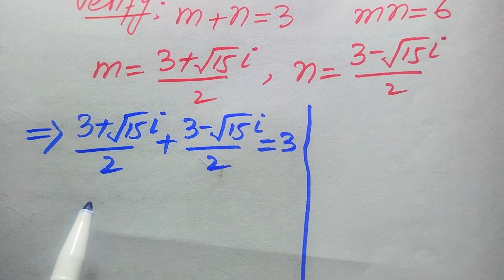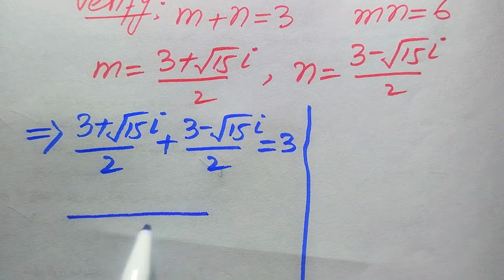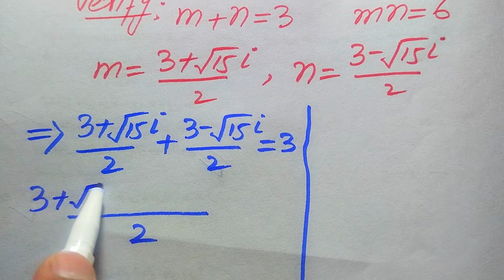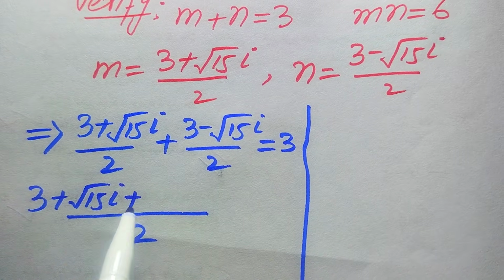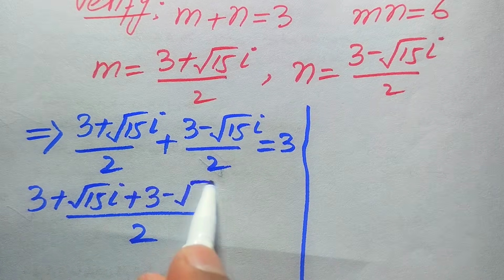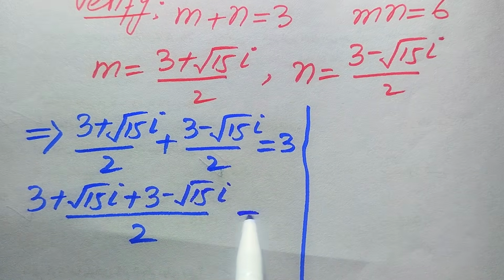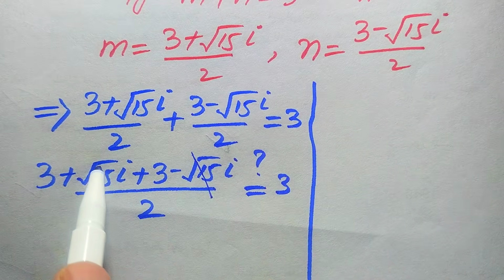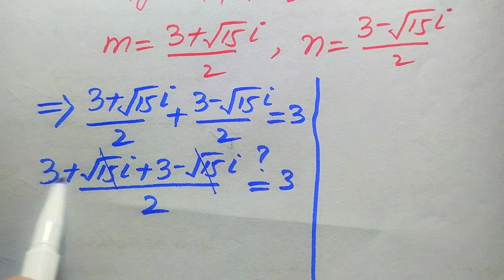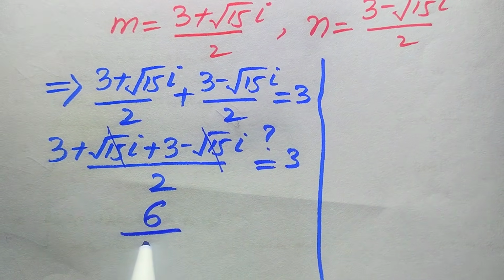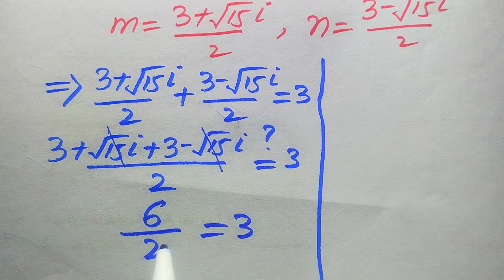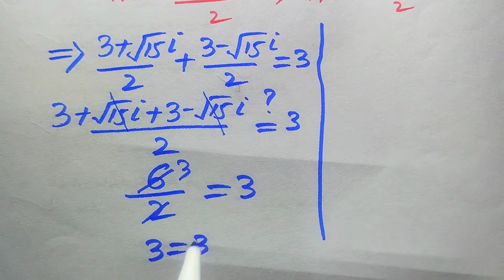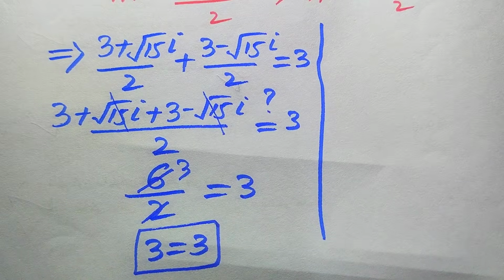First we need to simplify these terms, and we take the LCM, which becomes 2, and we get 3 plus square root of 15 iota plus 3 minus square root of 15 iota, and we check whether this equals 3 or not. You see that the minus term and the positive term cancel, and we get 3 plus 3 becomes 6 over 2 is equal to 3, and 2 times 3 becomes 6, and we easily get here 3 is equal to 3. So this satisfies the first equation.